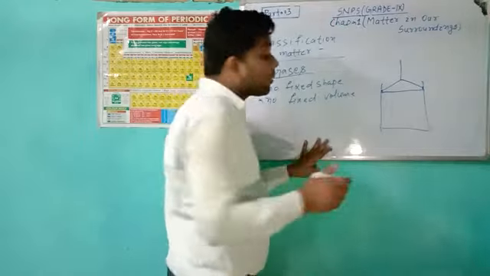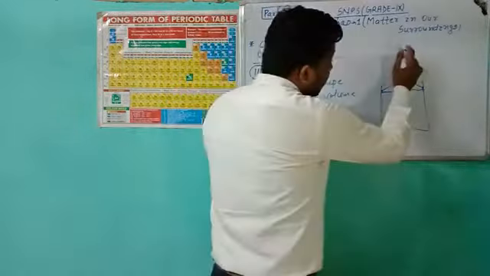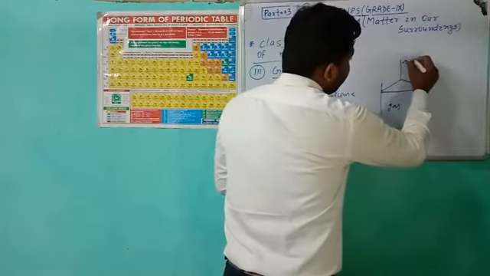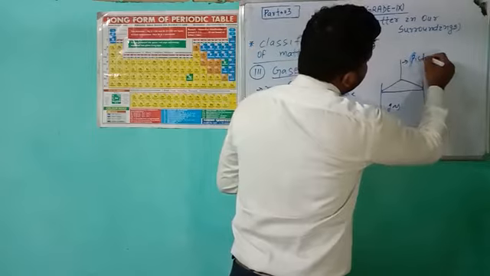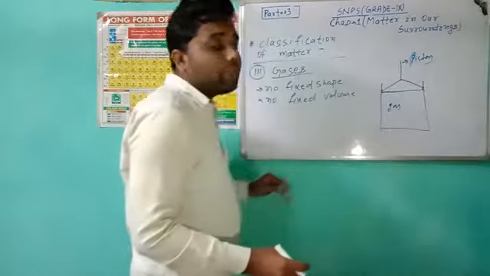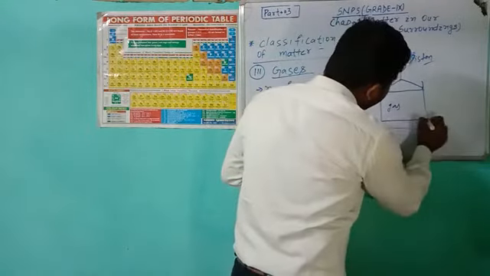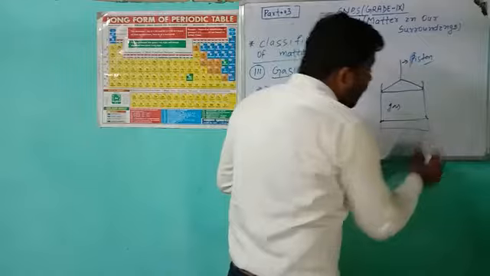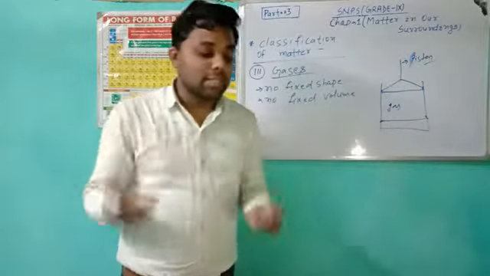If we put some gas in a container, and this is the piston, and we compress this gas, then it reduces its volume. So we can say that gases can be compressed easily.